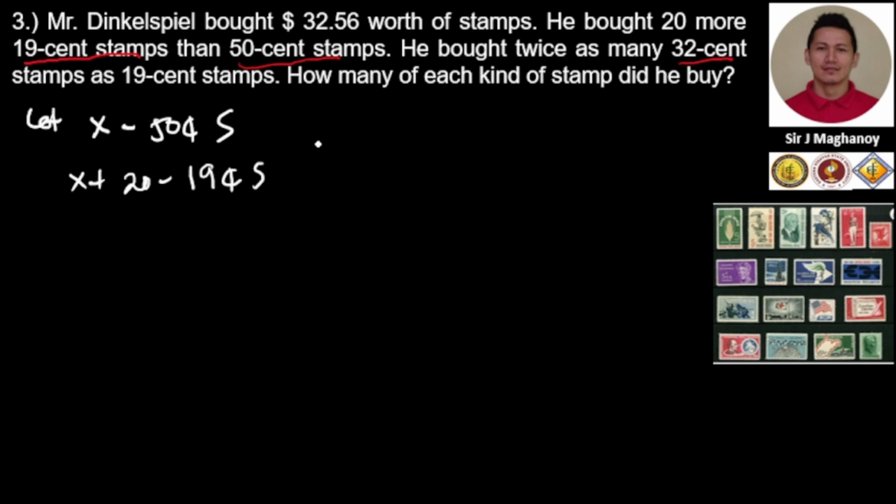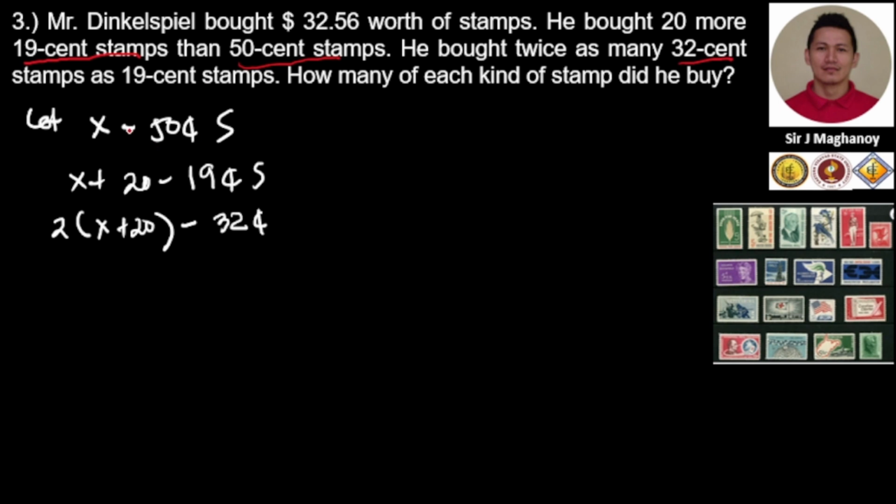How about our 32-cent stamps? He bought twice as many 32-cent stamps as 19-cent stamps. If x plus 20 is our 19-cent stamps, then twice of that, 2(x plus 20), is our 32-cent stamps.